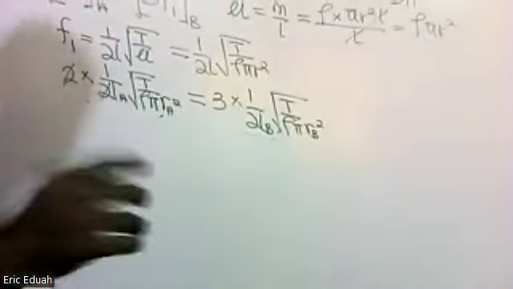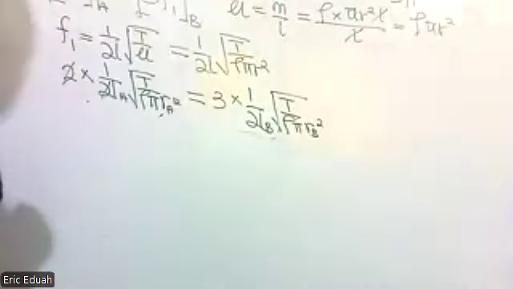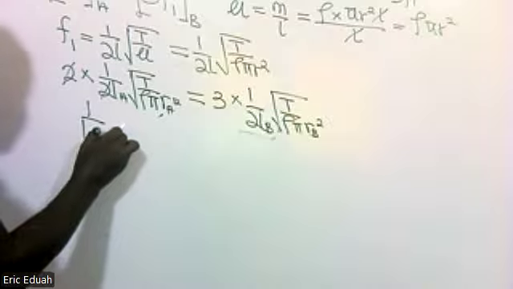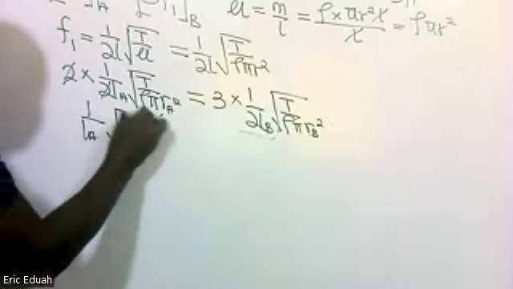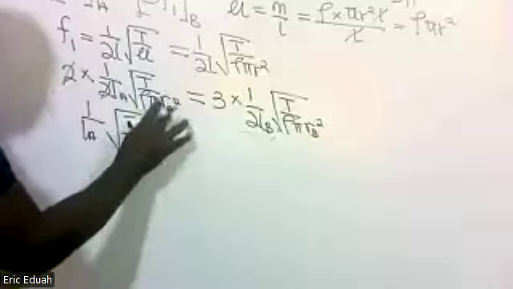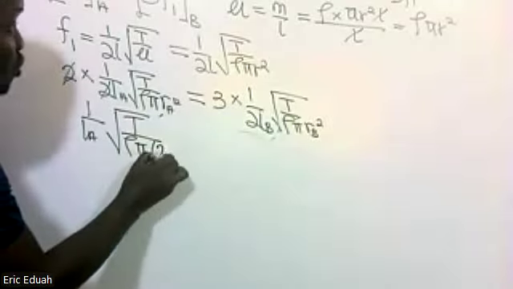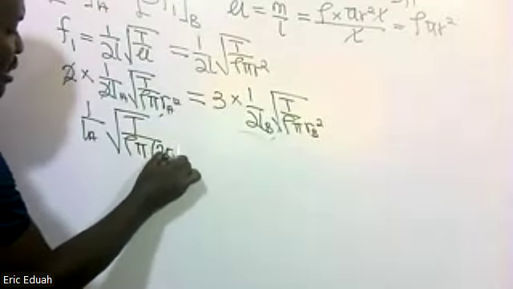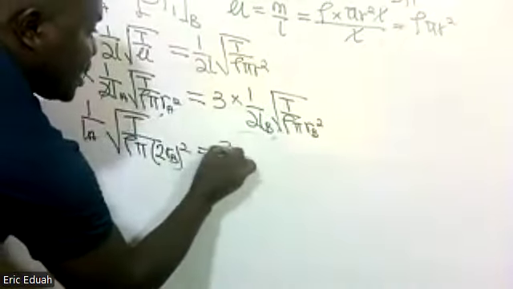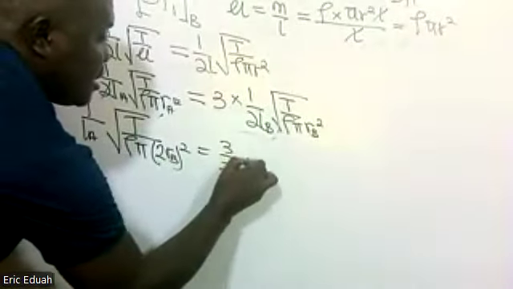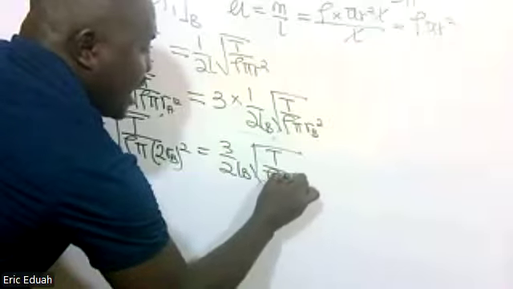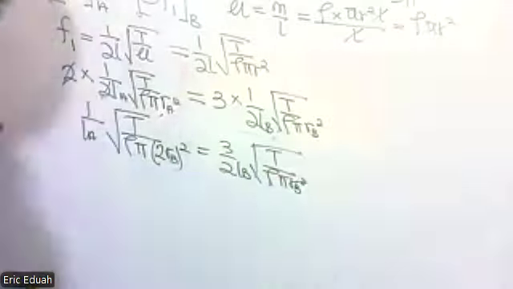We are told that RA is equal to 2 times that. So let's substitute that: 1 on LA times T on rho pi, RA is equal to 2 RB squared, is equal to 3 on 2 LB, T rho pi RB squared.